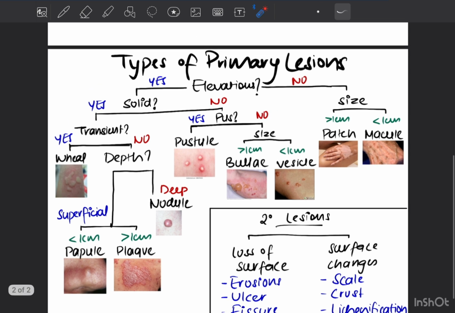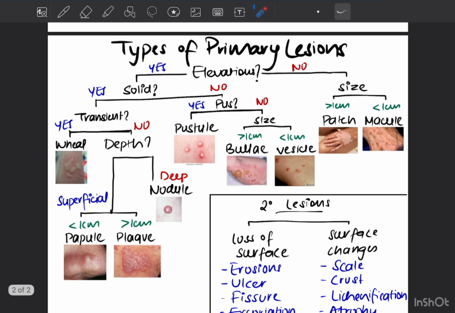If it does not have pus, then it most likely has a watery fluid present inside it. And then we ask about its size. If it's more than 1 centimeter, it's called a bulla, and if it's less than 1 centimeter, it's called a vesicle. A vesicle can form in chickenpox, and a bulla can be seen most commonly in a burn.